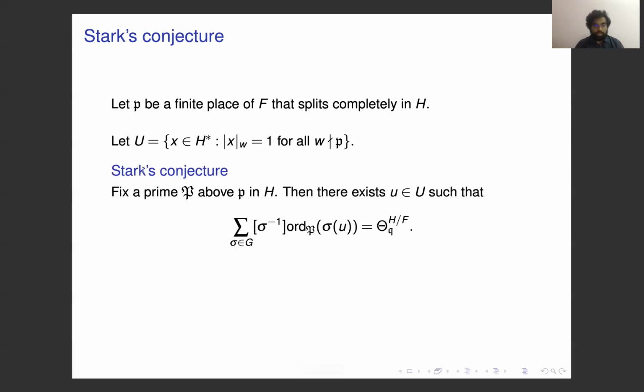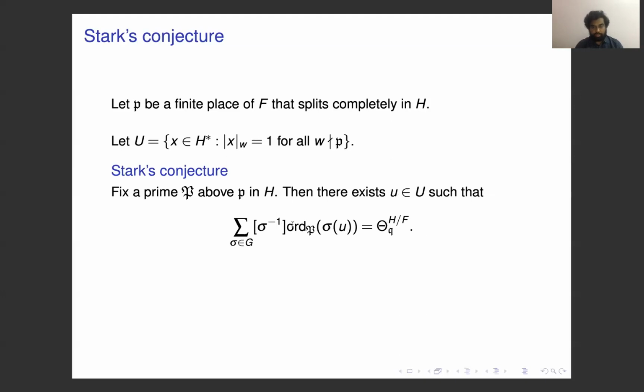Okay. So Stark's conjecture says that if I fix a place capital P over P in H, then there exists a U in capital U such that my theta Stickelberger element has this expression in terms of U. So this is an element in the group ring. This is the group element, and this is the coefficient living in Z. So this is an element in ZG.